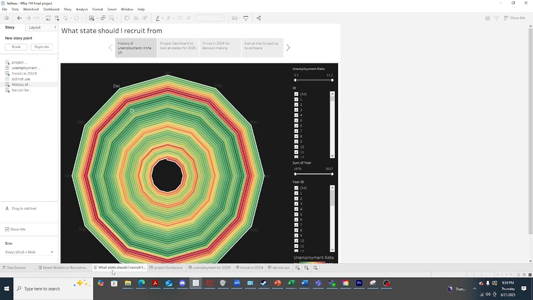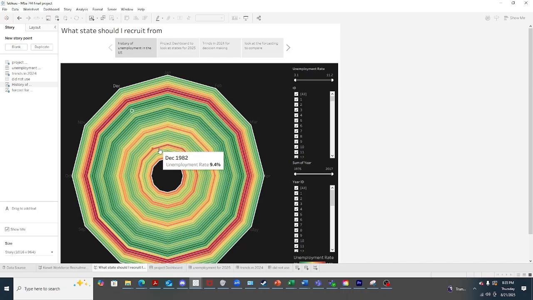Okay. I did not include this in my sheet, but I also wanted to be able to look at other states that we have jobs in and see what would be the best place to recruit. So I also left in this one for my storyboard, and it's what state should I recruit from.